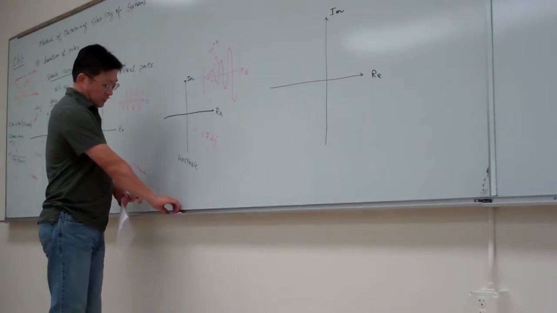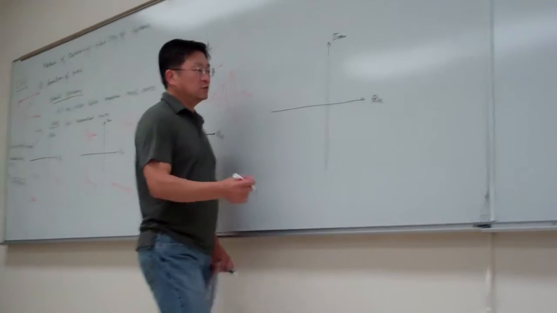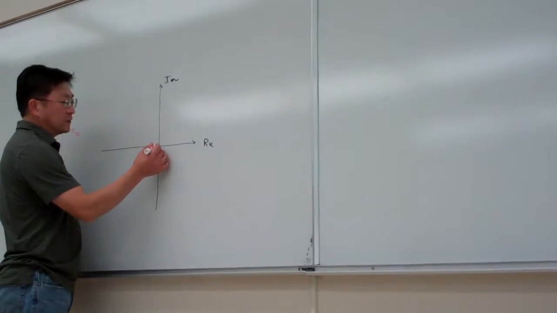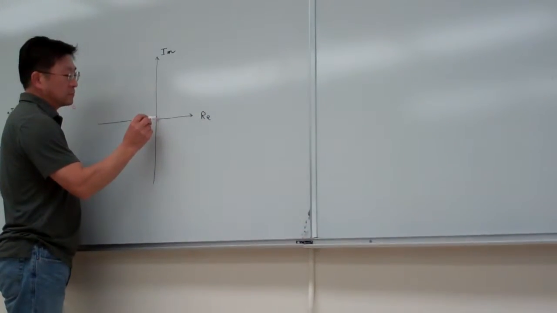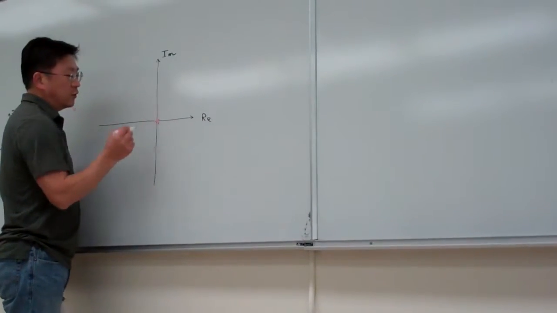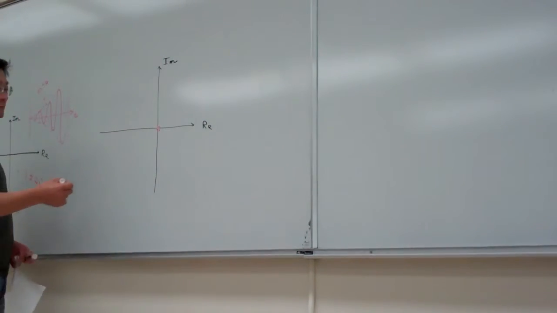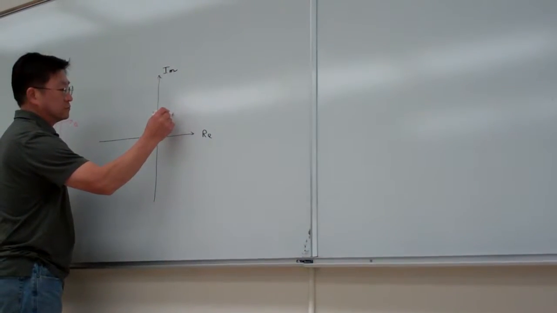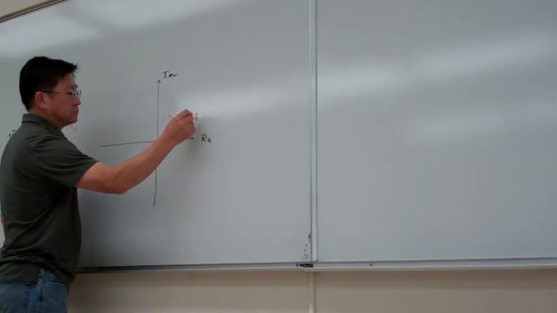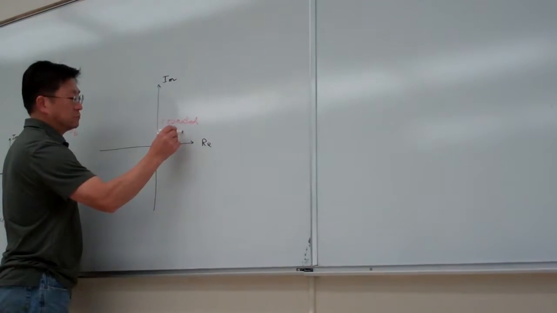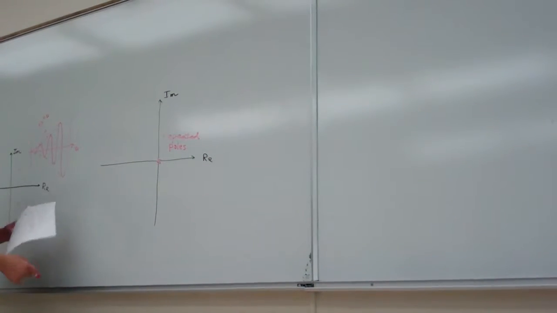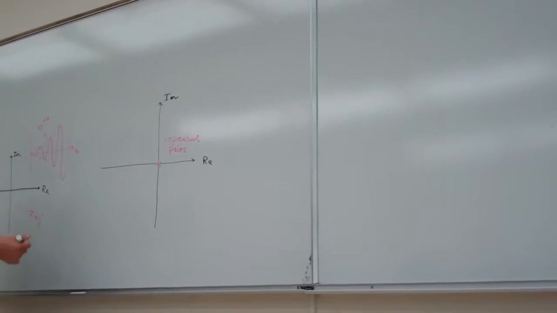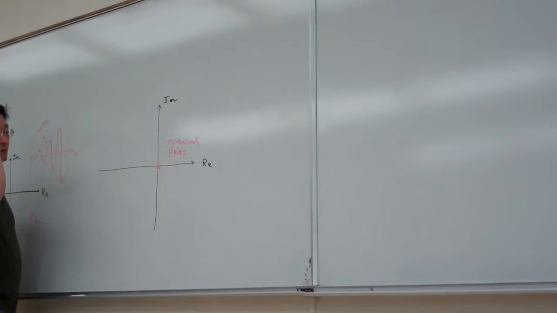Here we consider two poles, and for example here we have repeated poles at 0.